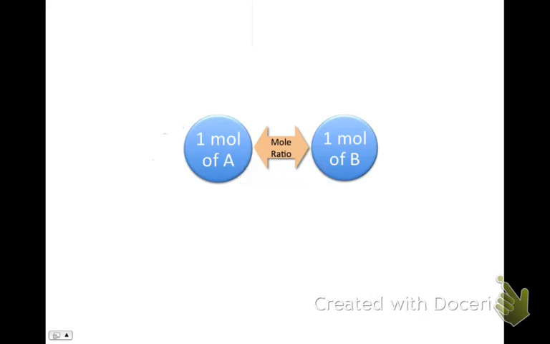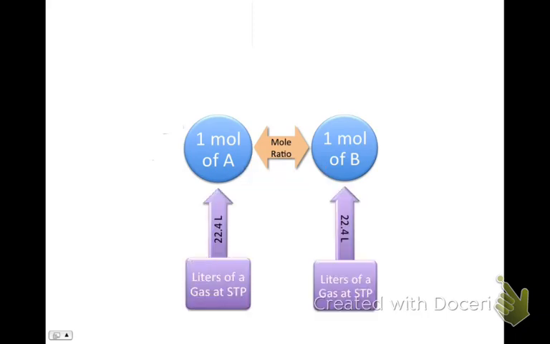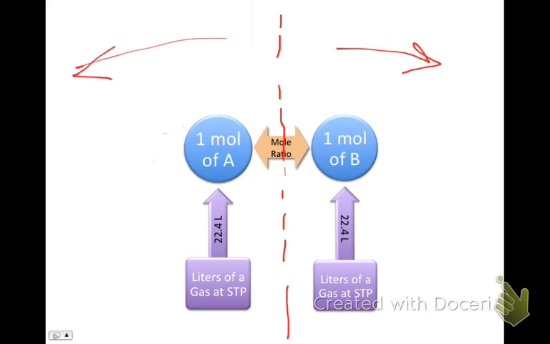So from there, we're going to do liters of a gas at STP. So when we have this, it's kind of like 2 separate things. We're going to have like a border, essentially, right here. Anything to the left deals with one compound, anything to the right deals with another compound. So that's why we have 2 liters of a gas at STP both written here, because I want to show that to get from liters of a gas to a mole, I need to use the number 22.4 liters, just like we did in the last lesson.